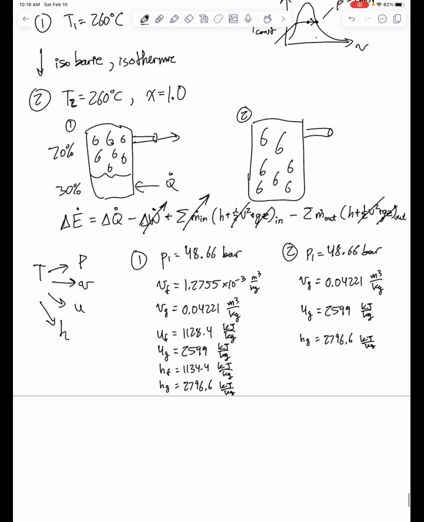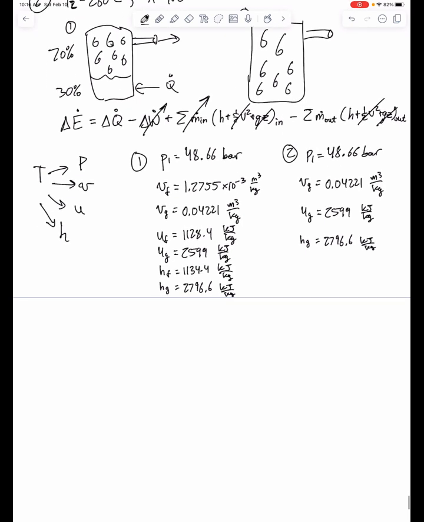Which leaves us with change in internal energy is equal to, right?